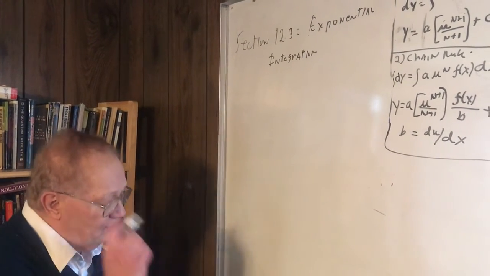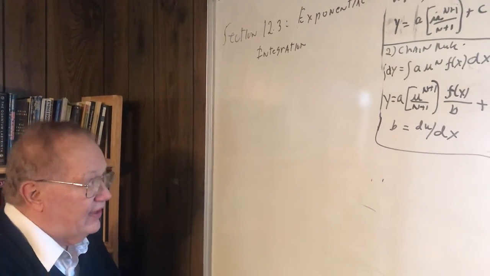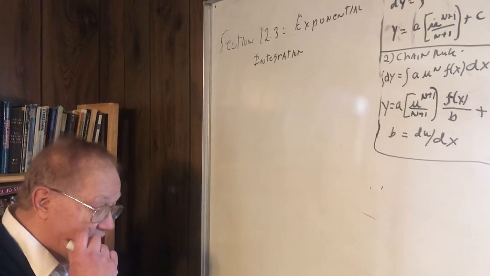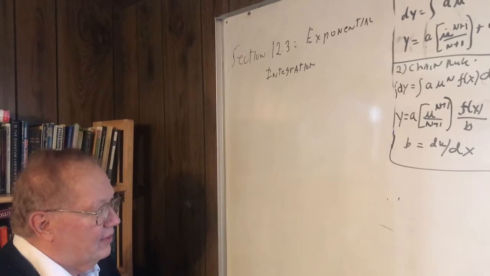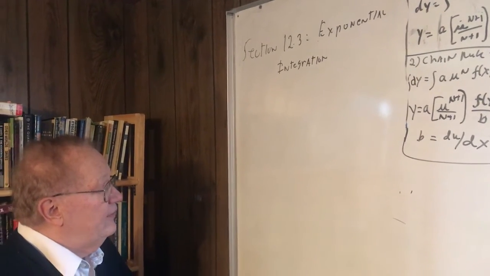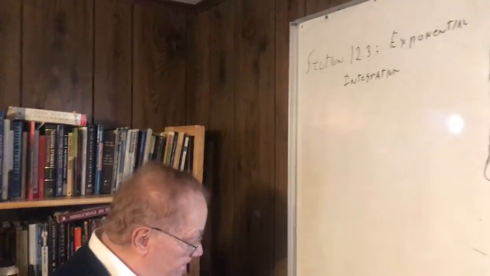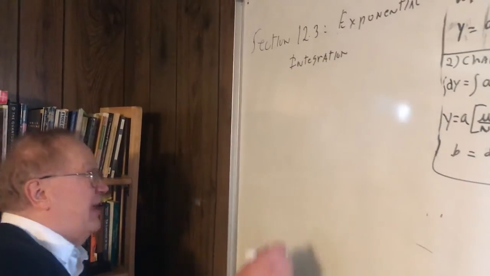Then we have to talk about absolute values, and things get really complicated. You have to take logs, then go back to exponentials. So we really don't do that in this course, and we don't have time. So let's take an example.